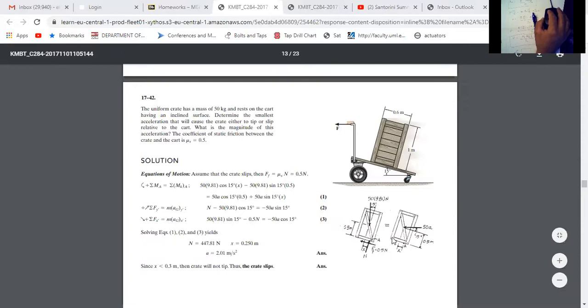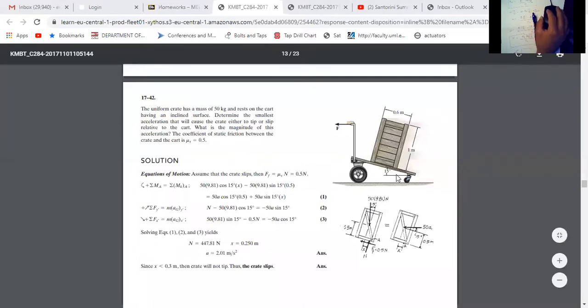Okay, guys, we have solved a very similar problem where this guy is parallel, right? Here you would have to look at the distance.